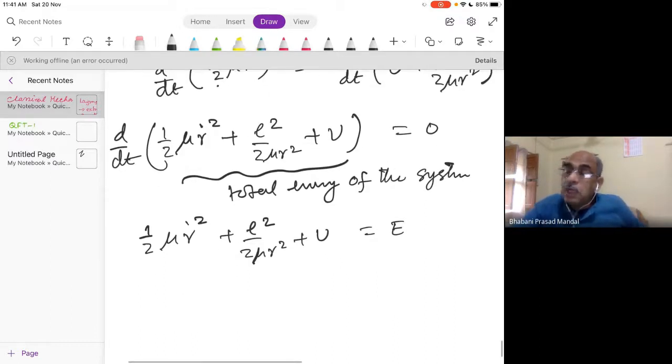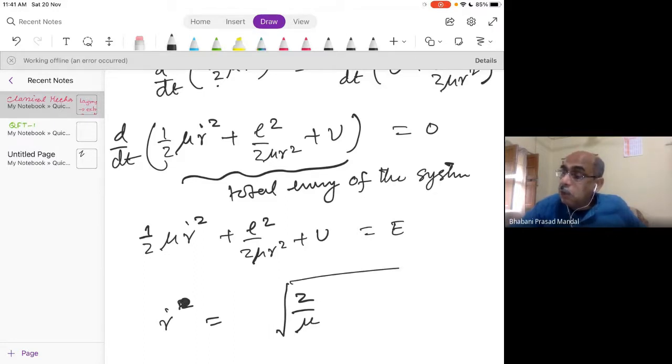So from here I can integrate r. So r dot square will be 2 by mu, and then let me remove the square, square root, then we have E minus U. Sorry, I have written it wrongly.